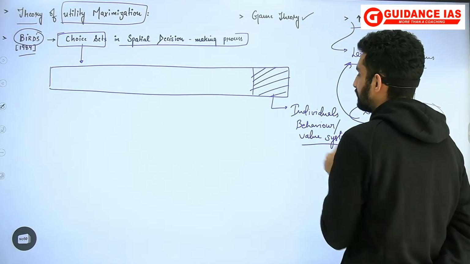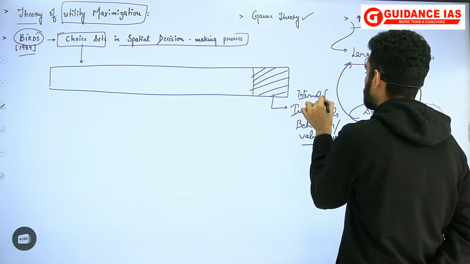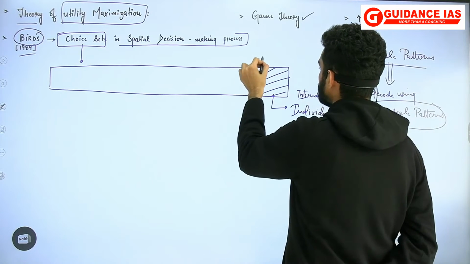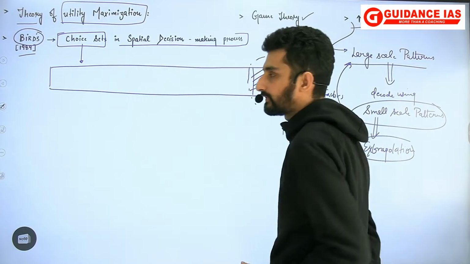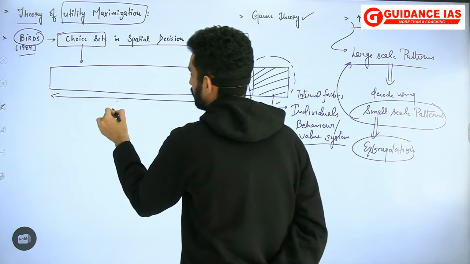I hope it is clear. So this is an internal factor, and this internal factor will discard this particular portion of the available choices. So these are all the available choices.